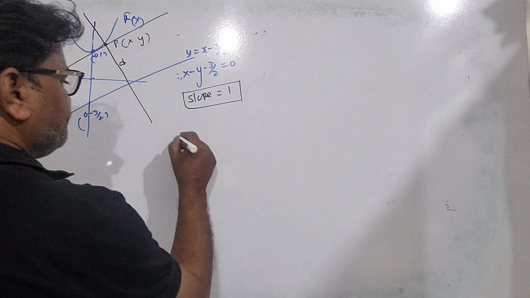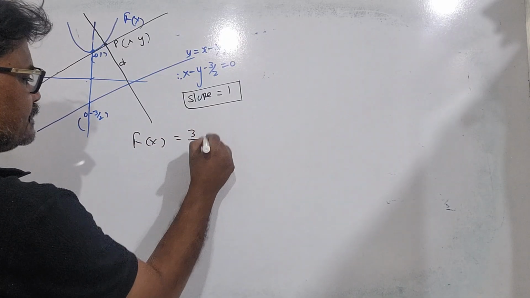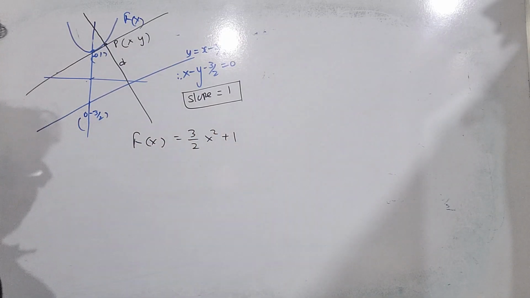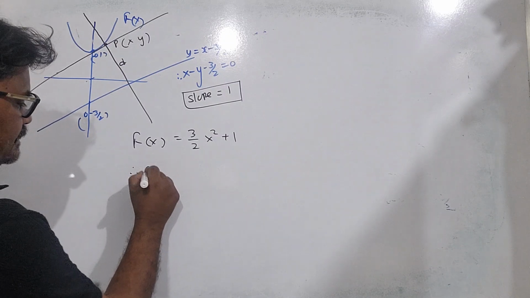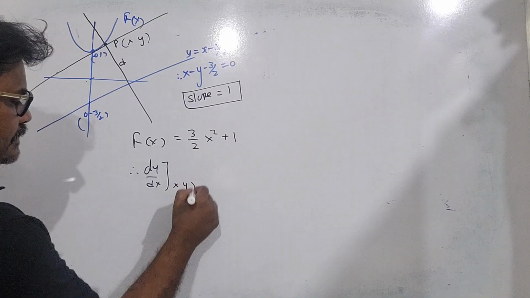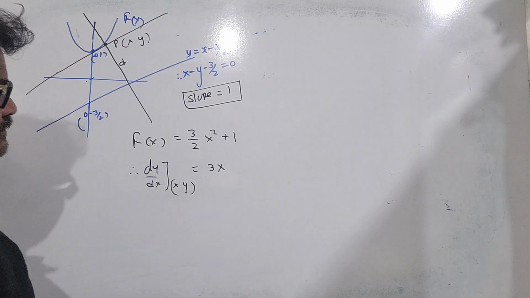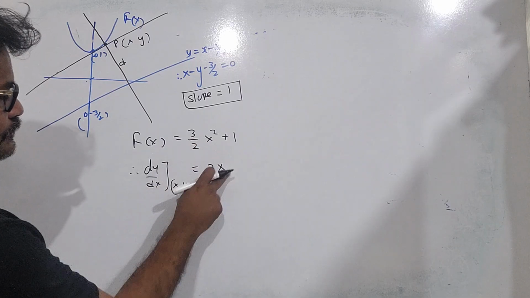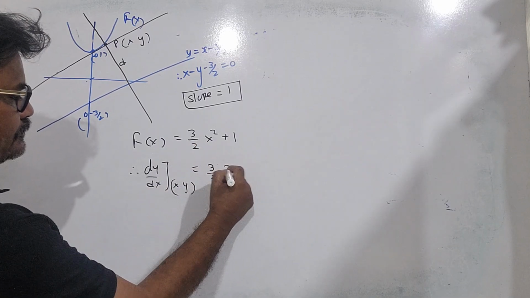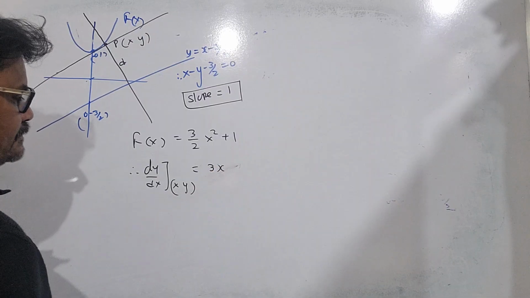See, what is f(x)? f(x) is, I think, 3/2 x² + 1. So f'(x), I can write dy/dx at (x, y) directly. So this is 3x, correct? 3/2 times the derivative of x², which is 2x, gives 3x.